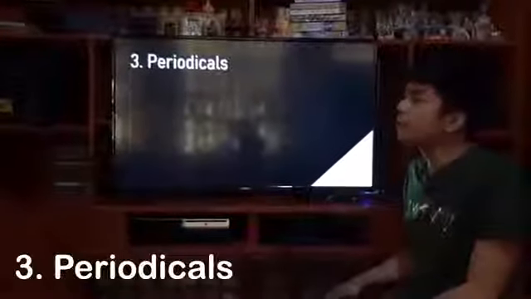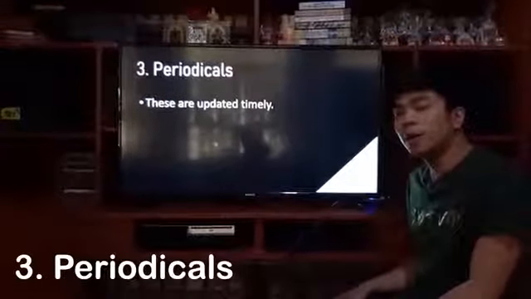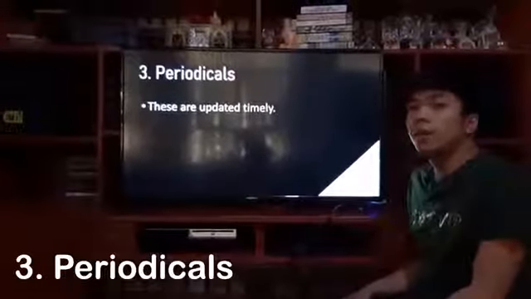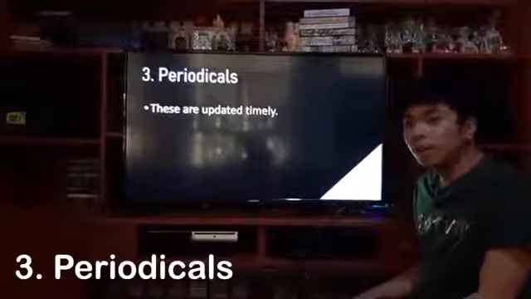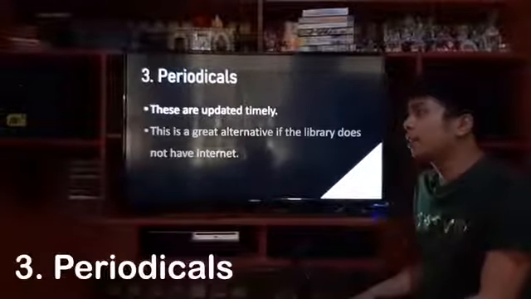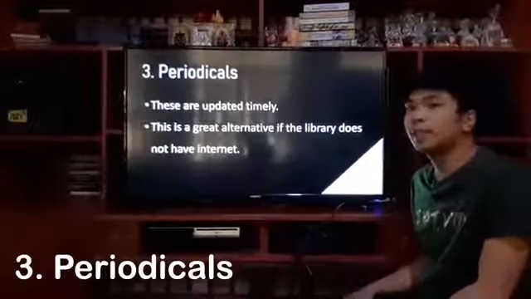The third one would be the periodicals. So these are updated timely. For example, it can be daily, monthly, yearly, or bi-monthly. So lagi po siyang na-update. So this is a great alternative if the library does not have an internet.